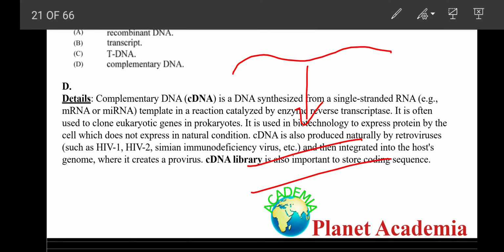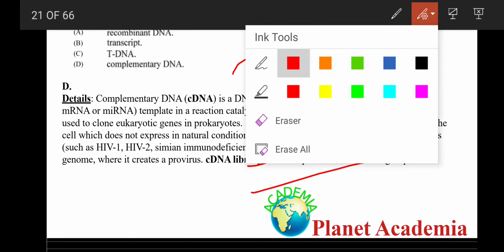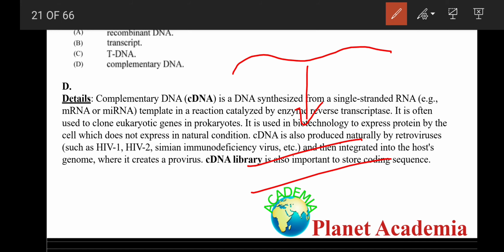Recombinant DNA is a DNA made up of two different DNAs. This is one DNA, and this is the other. You can see two inserts here, and this is the recombinant DNA.